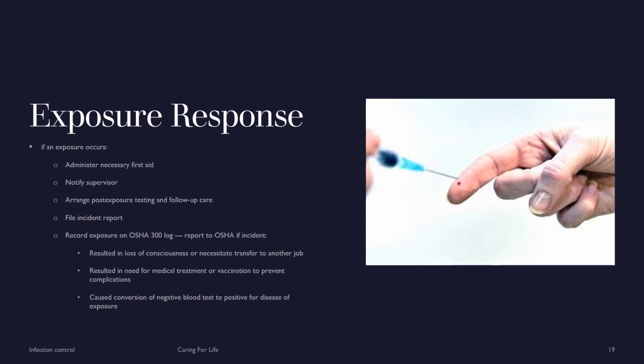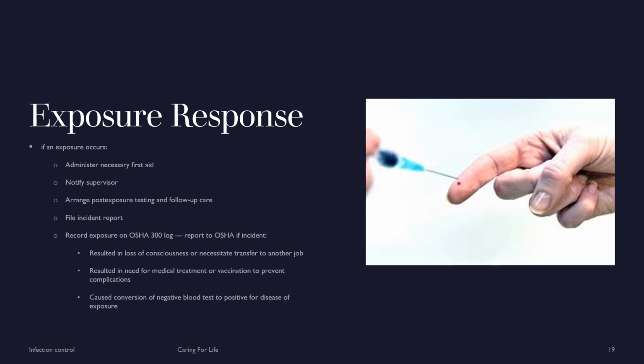So if you got stuck in the finger with a used needle, you're going to milk that finger, bleed it a little bit while you're washing your hands. You'll have to refer to the OSHA bloodborne pathogen standard for a needle stick injury, but I believe it's 10 minutes that you're going to wash. Again, go with your facility's policy.